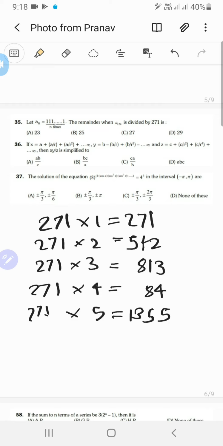I mean, is this even doable? There's supposed to be some way of doing it. 271, 200 plus 70 plus 1. Oh, this is not working. You can keep going like this, but I don't think it's getting us anywhere. What about 9? 9 won't work.